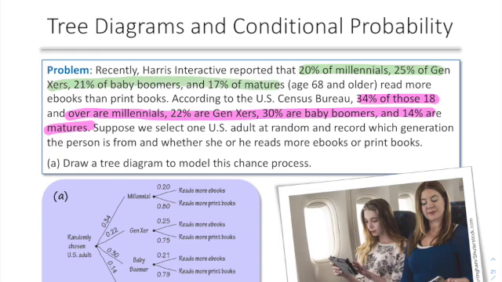So 20% of millennials read more ebooks, so that leaves 80% of them reading more print books. 25% of Gen Xers read ebooks, 75% print. 21% of baby boomers read ebooks, 79% read print. And then 17% of the mature group read ebooks, and 83% read print books.